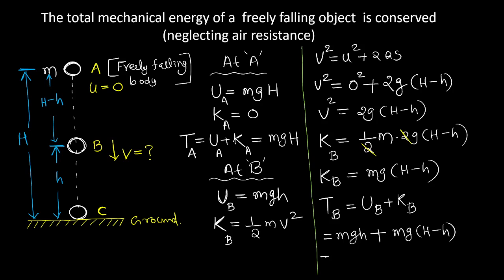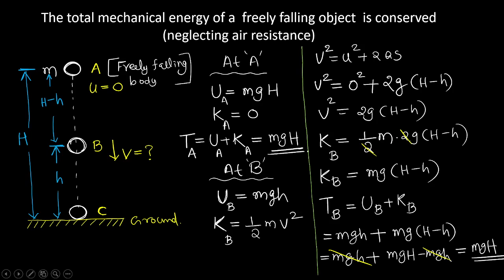Just open the bracket. Can I open? Mg is taken inside the bracket. Simple step. Mgh cancels. So total energy at B is equal to mgH.